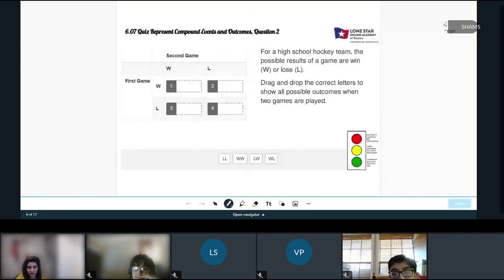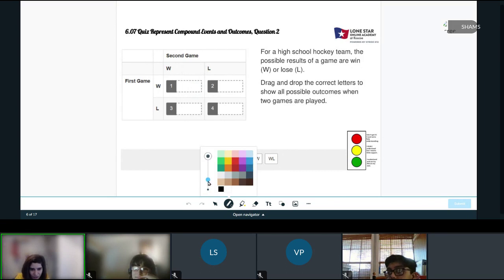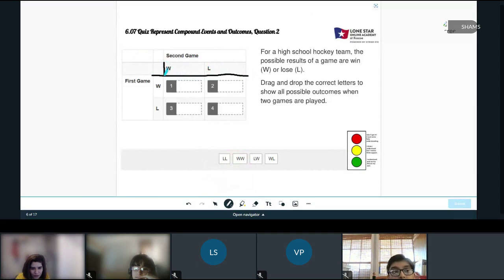Now look at this one. You've got to fill it out. A lot of science classes, the teachers make you fill out boxes that look like these. My lines look a little bit dull, so I can go ahead and trace them out. So there's game 1 and game 2, right?